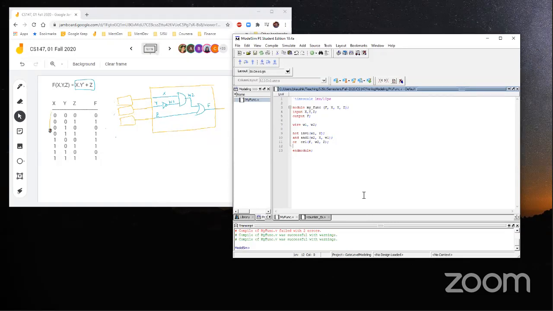Let's say we want to test with this case: X set to 0, Y set to 1, and Z set to 1. Then this whole Verilog model will evaluate that logic internally and should give a logic value of 1 here. So that's the test bench. This whole setup is a test bench. So in the test bench, what do we then have? We need to drive some input.